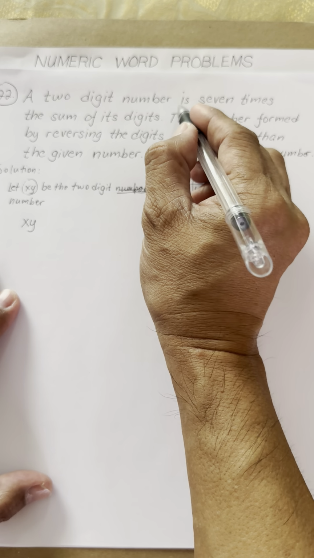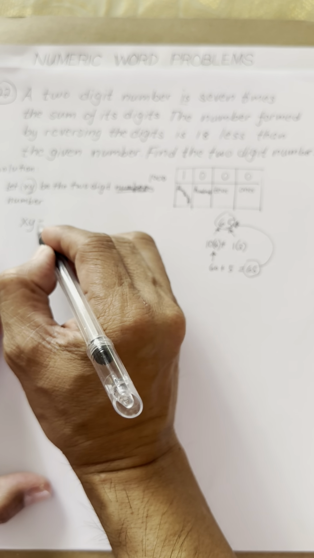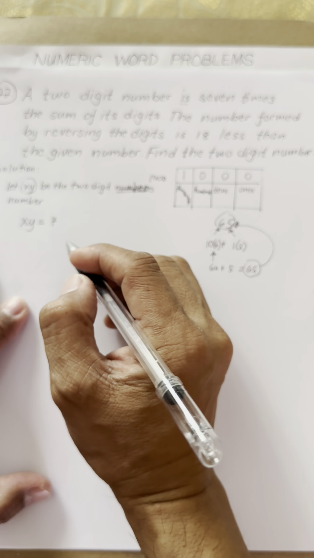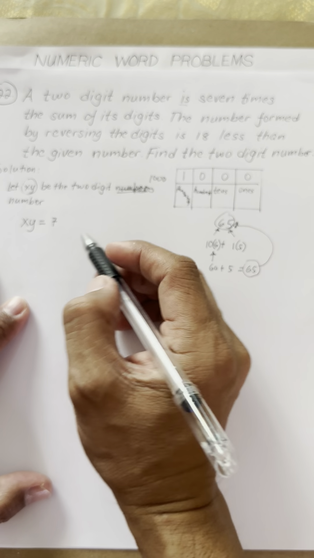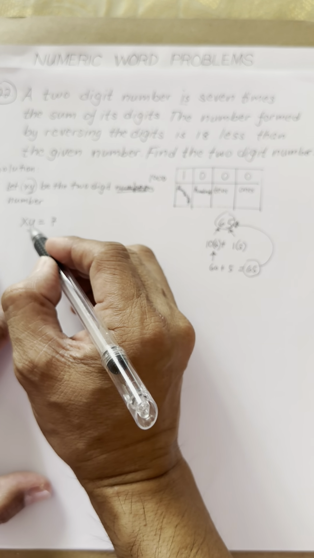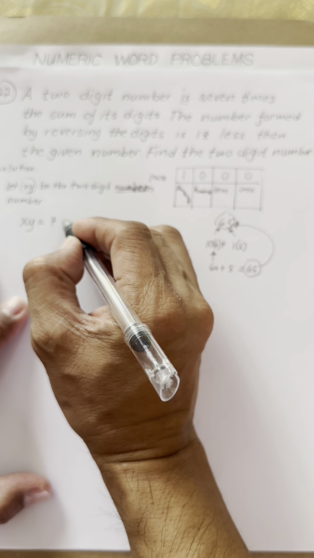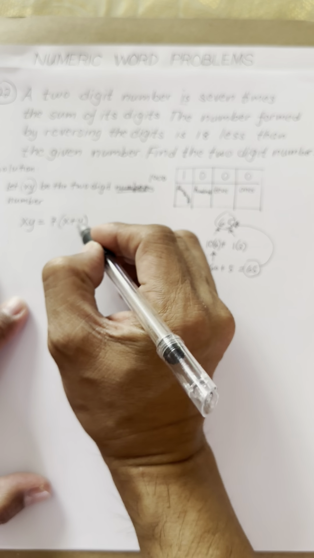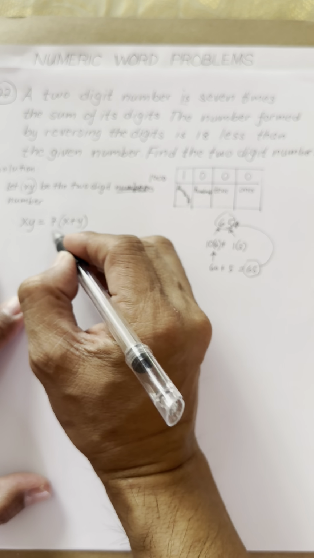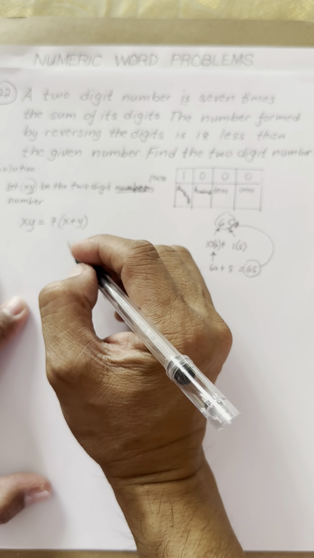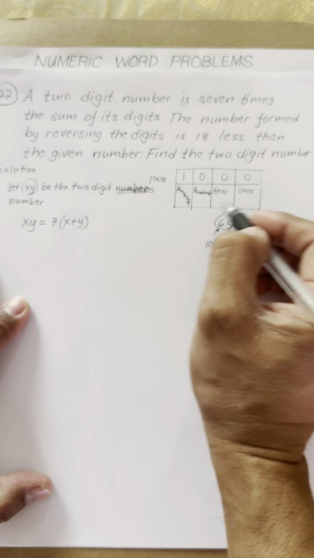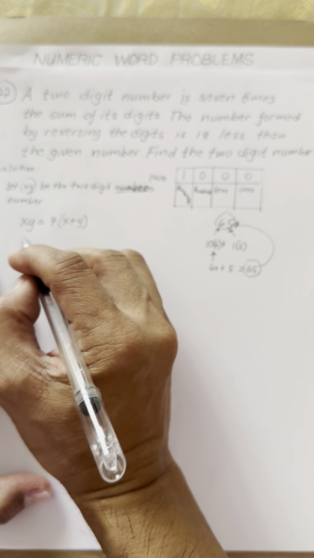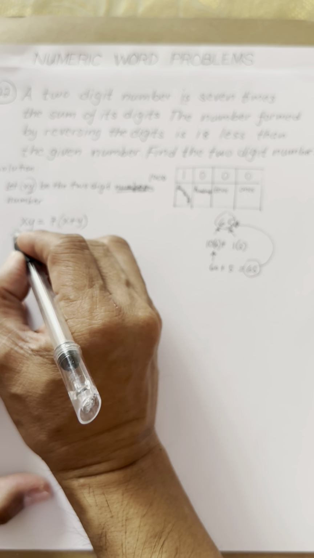Is, so the word is means equals 7 times the sum of its digits. So what are the digits? x and y, these are the digits. So the sum is x plus y. So 7 times the sum of the digits. So this is our equation. Again, let's use the concept of the number placeholder. So our x here is the placeholder of tens.